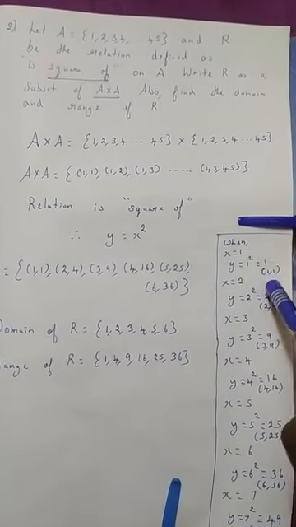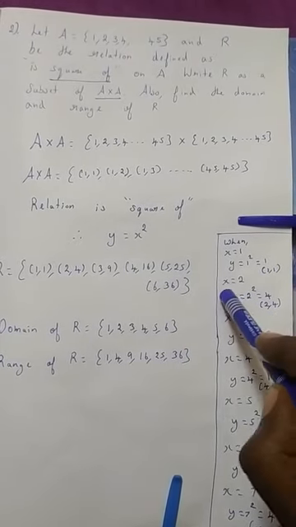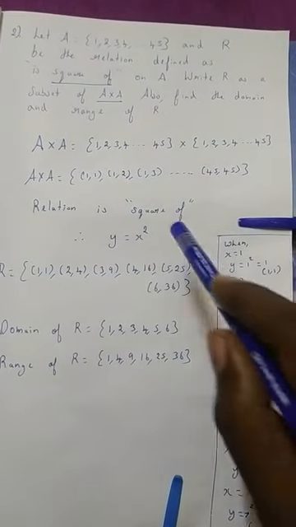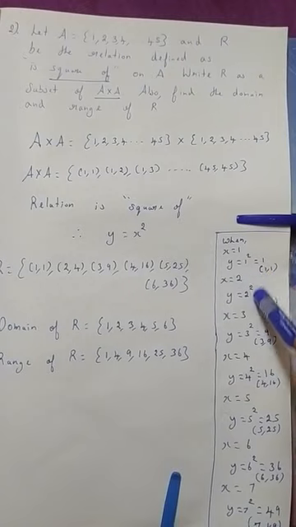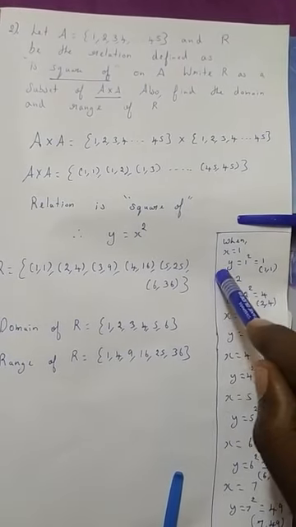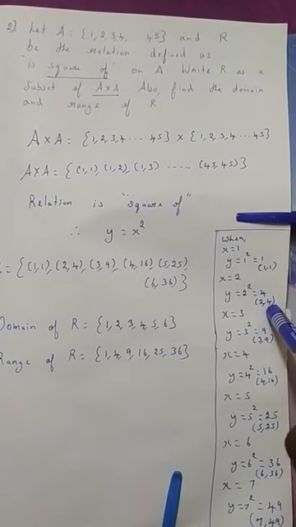Therefore the ordered pair is 1, 1. That is x, y. Next number is 2. When x is equal to 2, y is equal to 2 square. What is 2 square? 4. Which means when x is equal to 2, y is 4. Therefore the ordered pair is 2, 4.